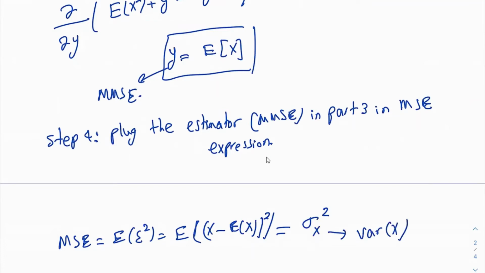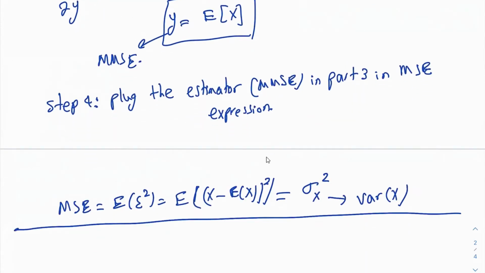Okay, so if you want to estimate a random variable x using a constant y, the best estimator, namely the MMSE, is the expected value of the random variable, and the best residual square, or the best mean square error, is the variance of that random variable x.